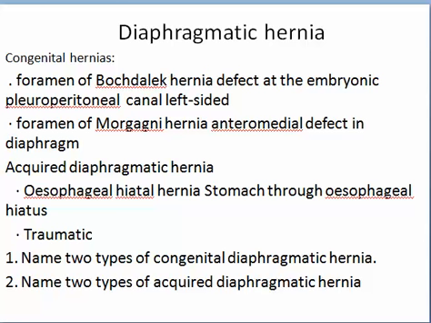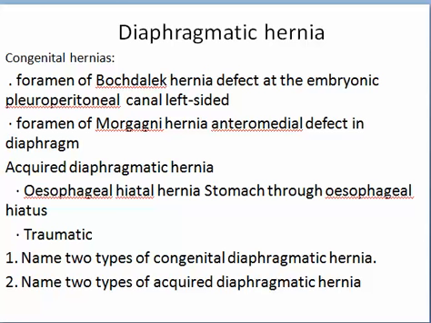So the acquired are the esophageal hiatal hernia and the traumatic hernia, and the congenital are the foramen of Bochdalek and the foramen of Morgagni. Then you can add the trauma. You can add the hump, which is a non-pathological condition.